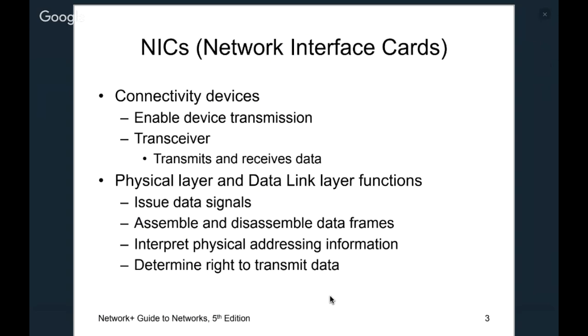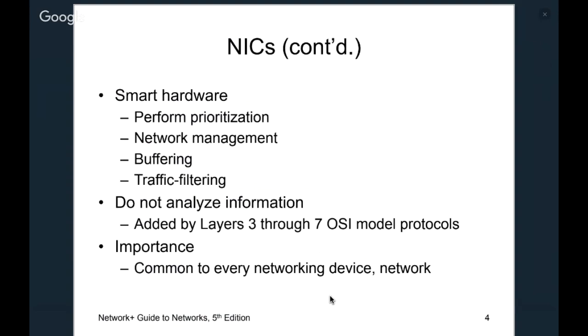It falls on the physical and data link layer of the OSI model, and it issues data signals. Data signals do have some electricity going through them. It assembles and disassembles data frames, and interprets the physical address, like the network address we talked about, IP address, just to name a couple. It also determines the right to transmit.